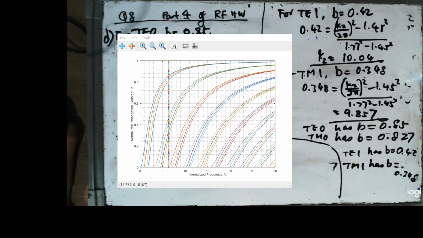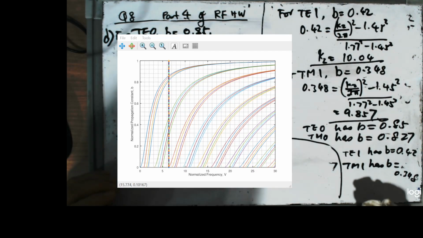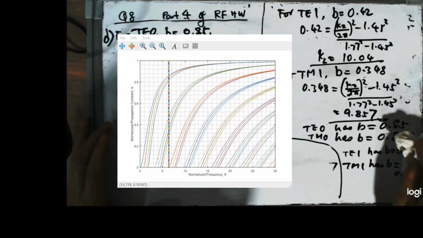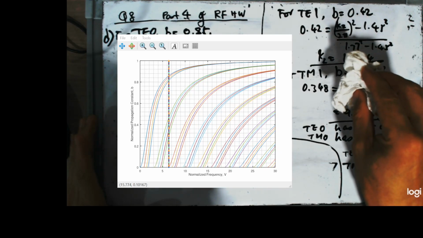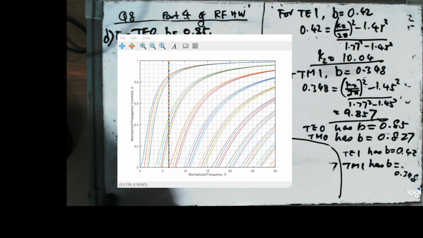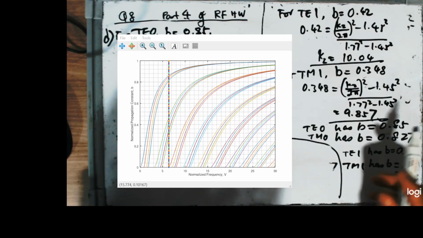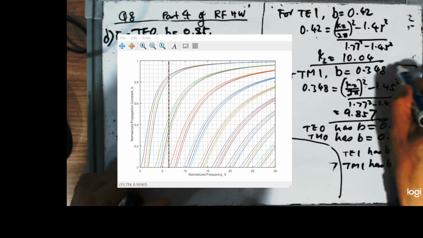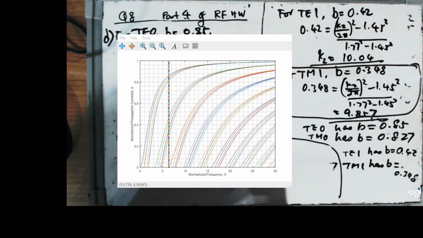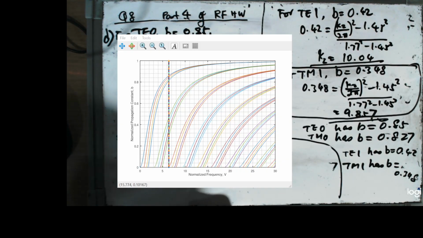And we can work out the V number based on the information. So here is my suggestion. You got the B number for this part. So the B number that you get is here, is this one here. We need to find out the value of V corresponding to this B number.